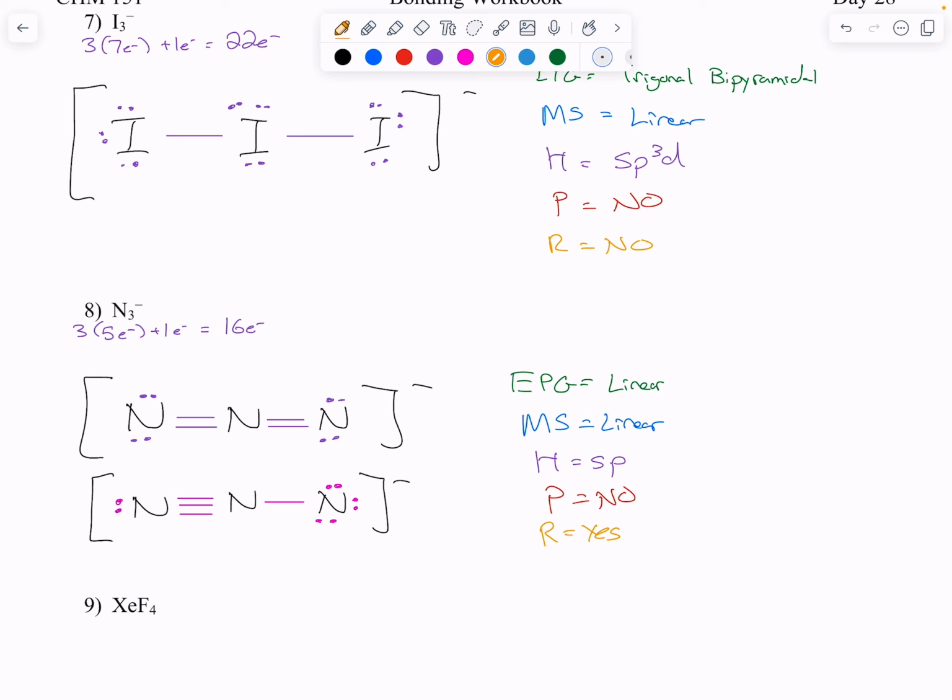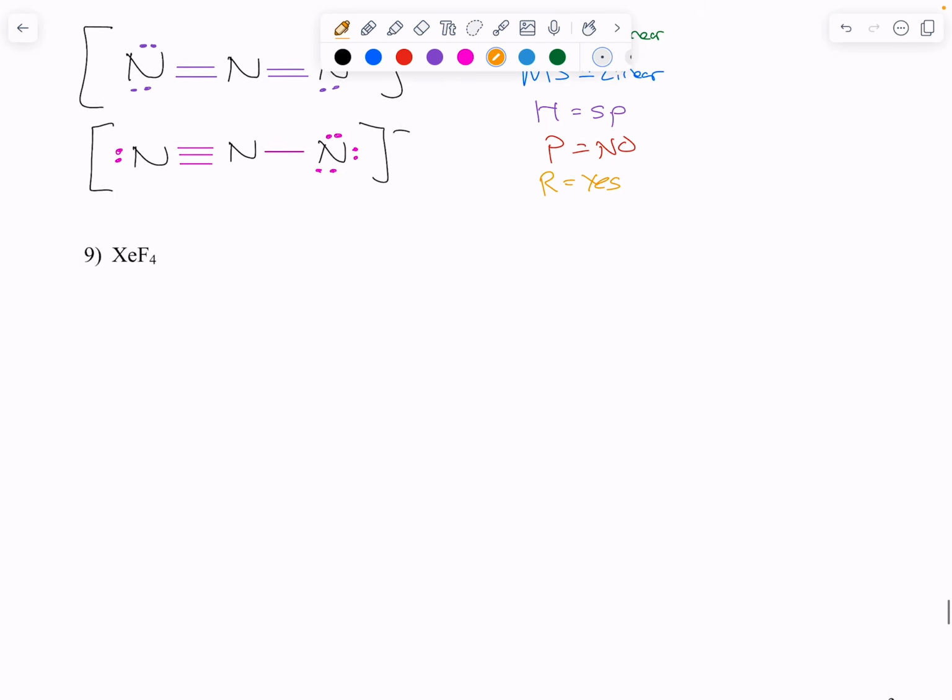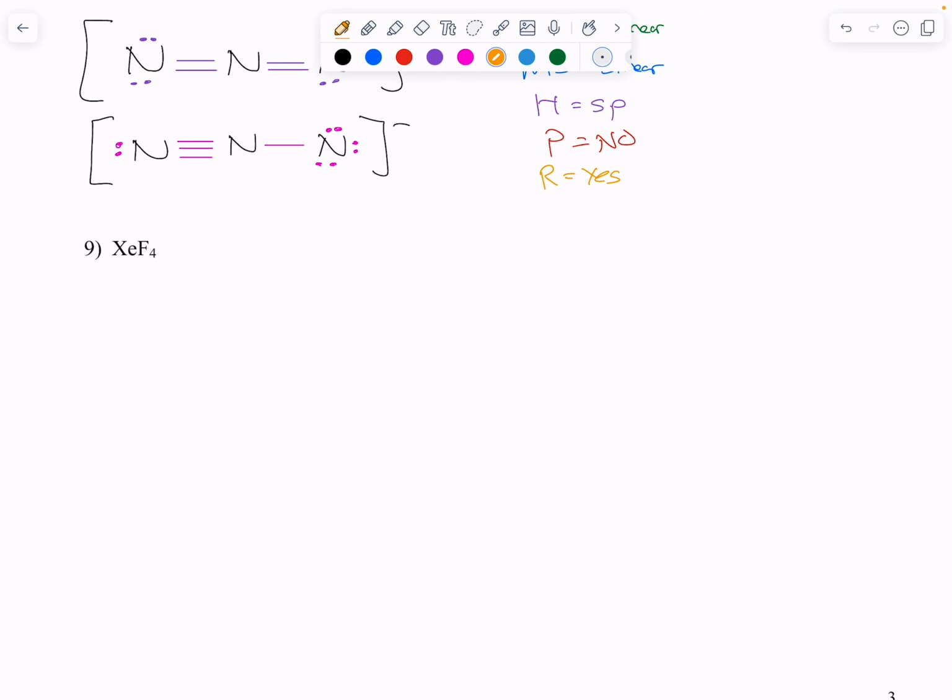All right. Fun stuff. Xenon tetrafluoride: 8 electrons plus 4 times 7 electrons, 36 electrons.